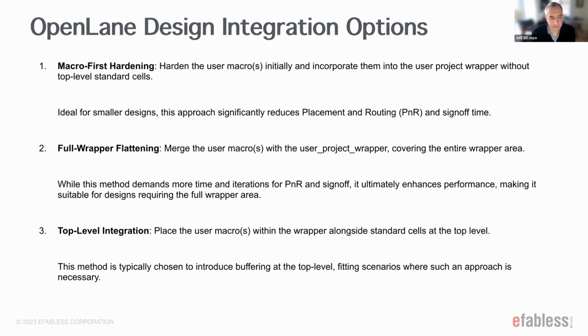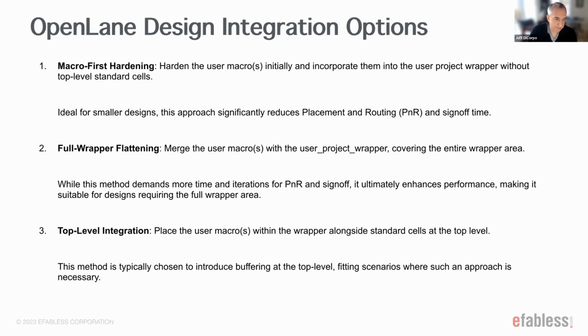This first method is where you would take your project and harden that either into a single macro or multiple macros, and you would incorporate them at the top level, which would be the user project wrapper, but without any top level standard cells. This is ideal for small to medium-sized designs, and one of the advantages is that it significantly reduces the file size and the time and effort to do place and route as well as verification of the design.